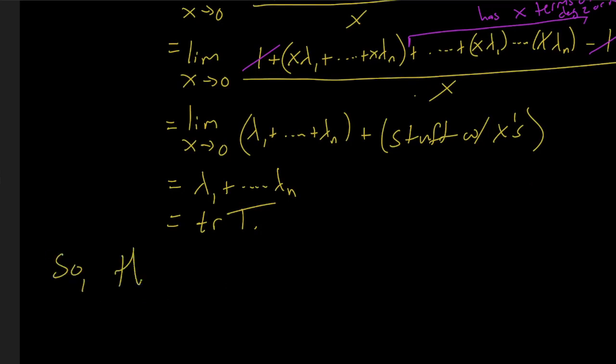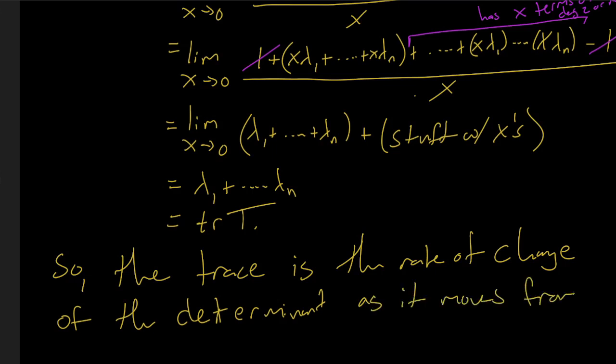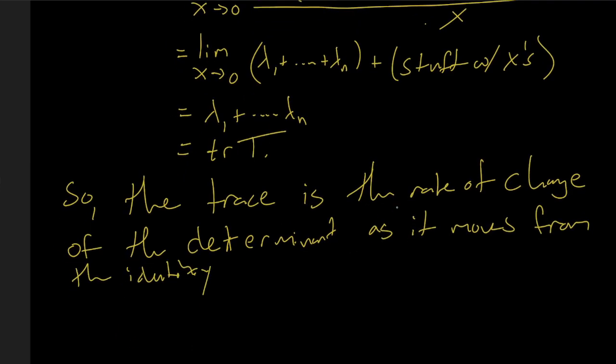So the trace is the rate of change of the determinant as it moves from the identity in the direction of your operator.